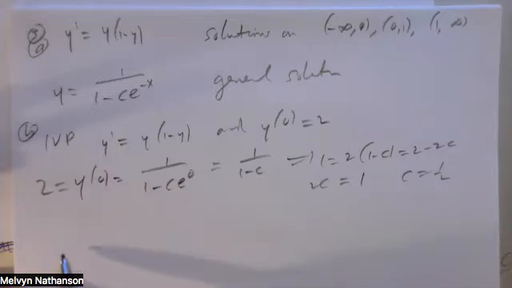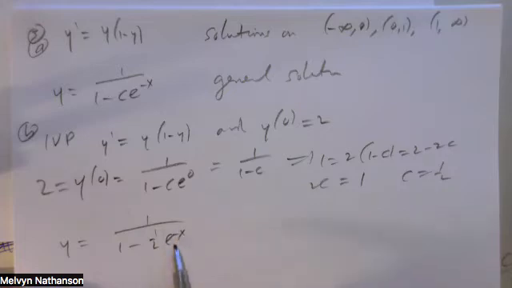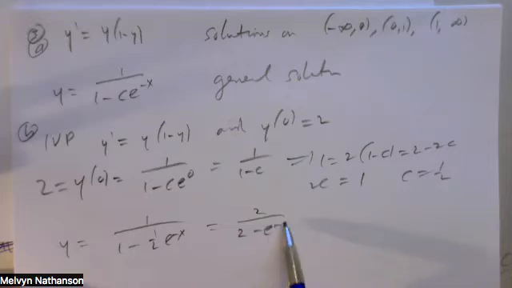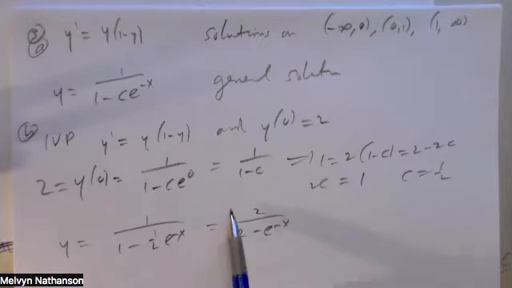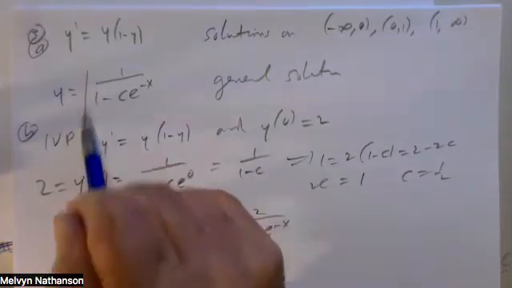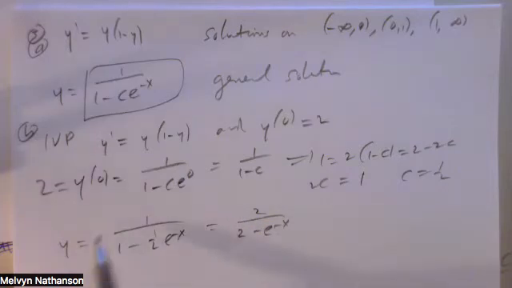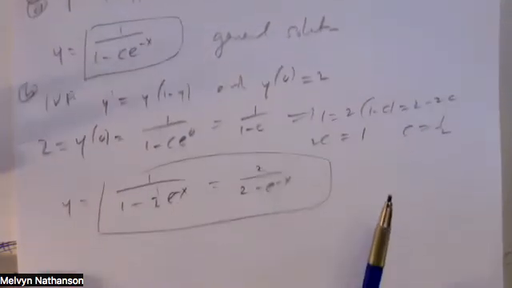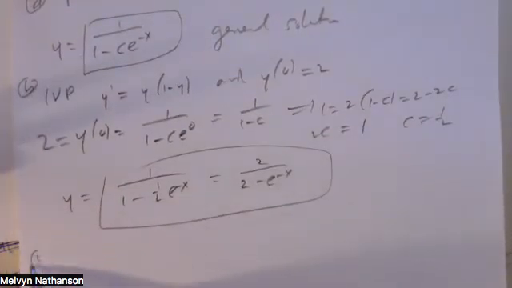So the particular solution of my differential equation is y equals 1 over 1 minus a half e to the minus x, or if you write it, it makes absolutely no difference, it's 2 over 2 minus e to the minus x. And again, when x is 0, this is 2, and that's the solution. So this is the general solution, and this is the solution of the initial value problem.